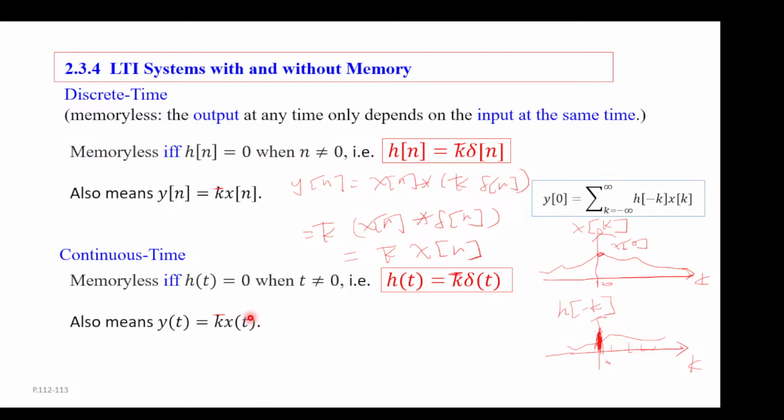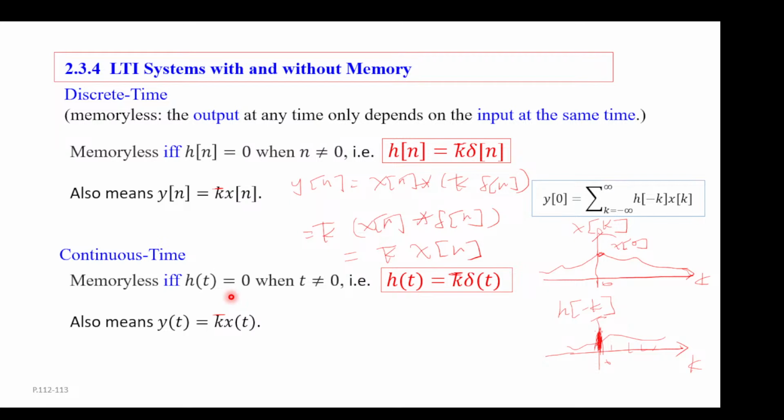So you see that an LTI memoryless system is very simple: the output is just a constant times the input. Any question? Does everyone understand? If not, sorry.